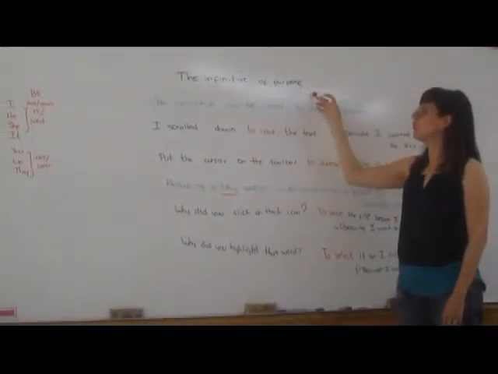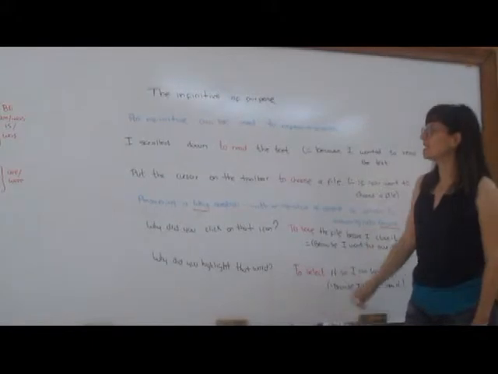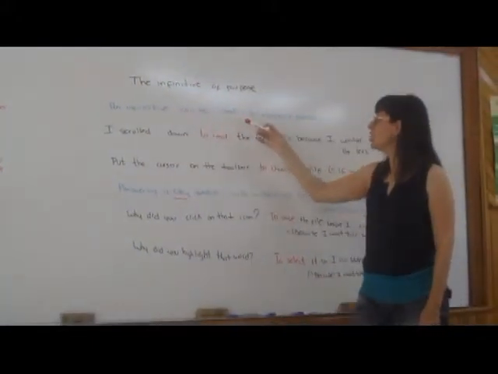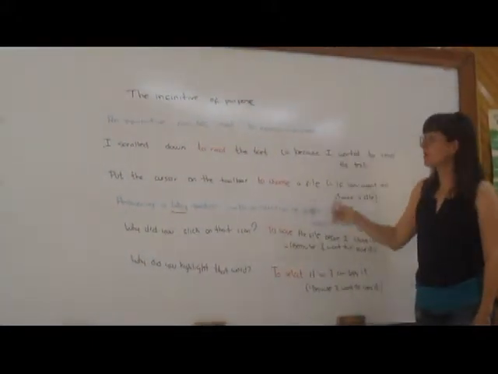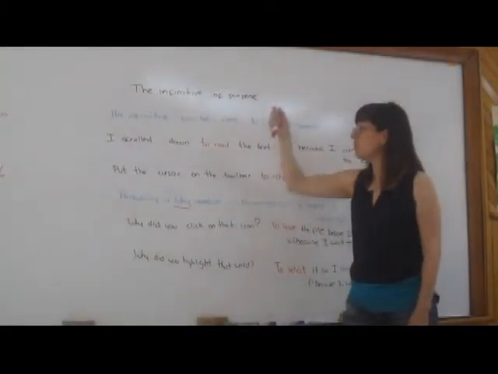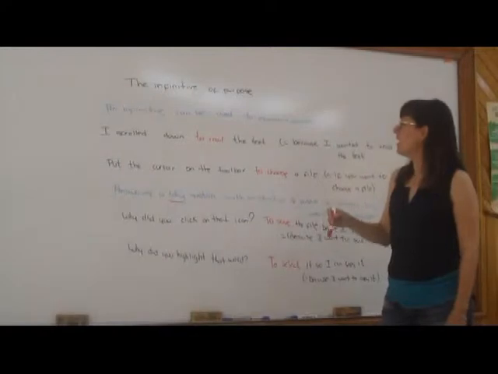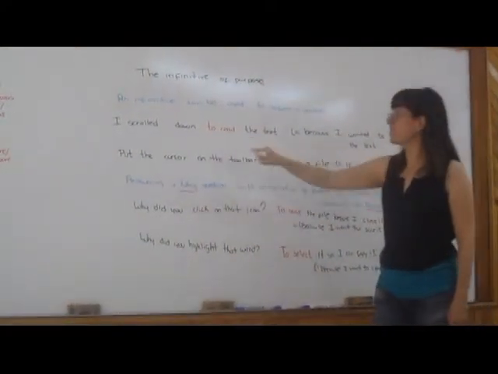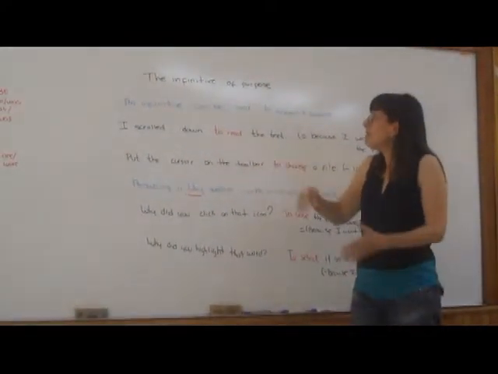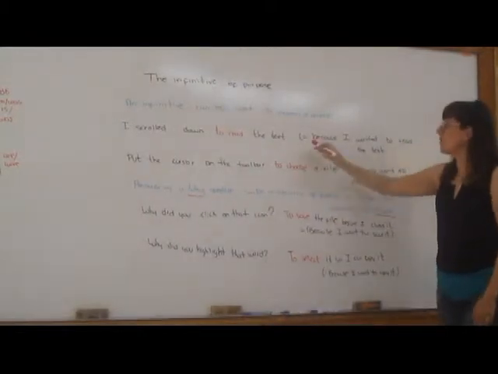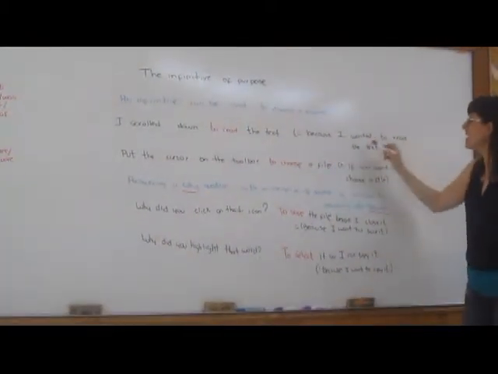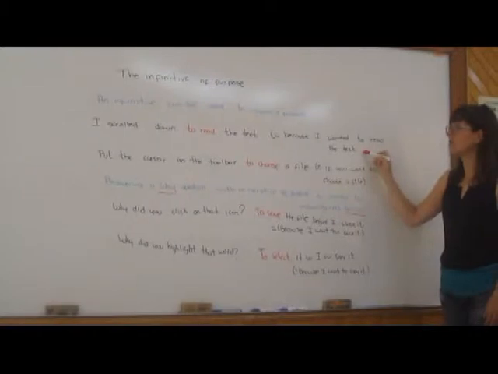The infinitive of purpose. We're going to explain that. An infinitive can be used to express a purpose. Example: I scroll down to read the text. So this is going to be the infinitive of purpose, because this is the infinitive, but it is of purpose. That means because I wanted to read the text. Yes, that's the reason.